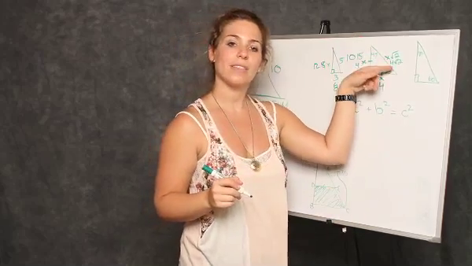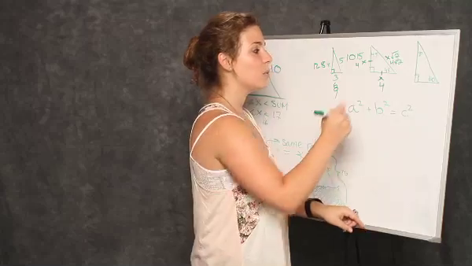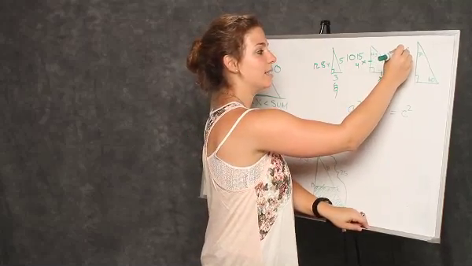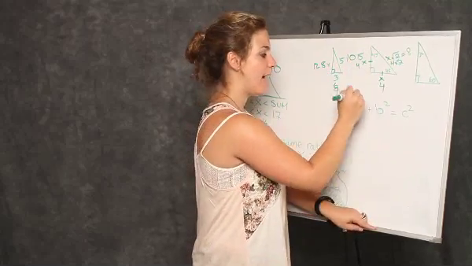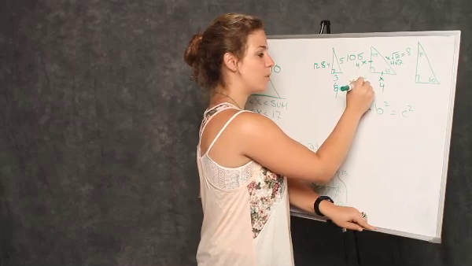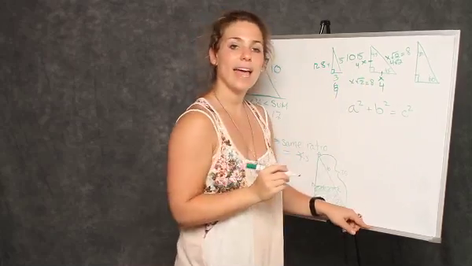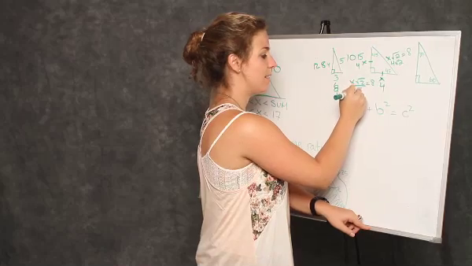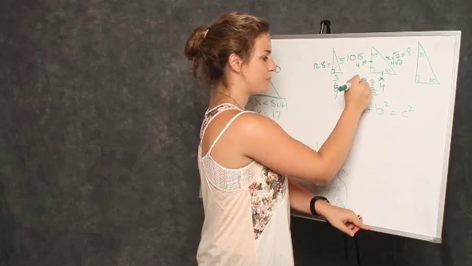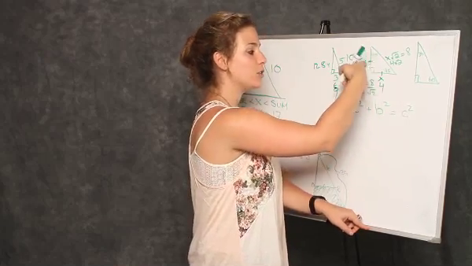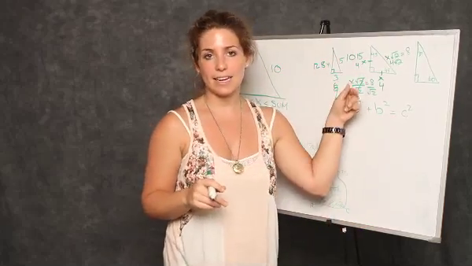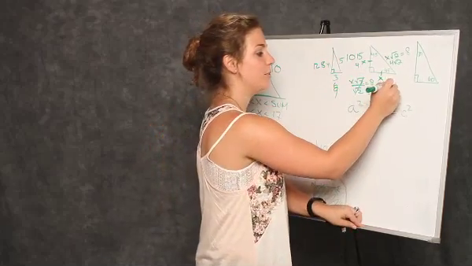If they tell you that the hypotenuse is equal to, let's say, 8, that means you set x square root 2 equal to 8. And to find x, you divide both sides by the square root of 2. So therefore, each of the legs is going to be 8 divided by the square root of 2.